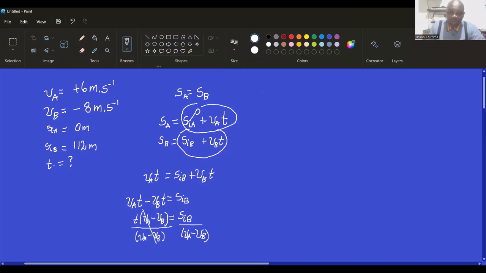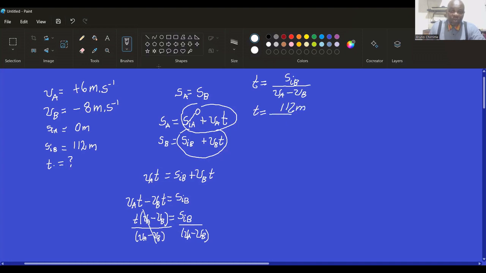So what does that give us? We plug in the values now. What is the initial position of cyclist B? We know that's 120 meters. We specify units. We'll see how it helps to always include our units. It helps us to see exactly whether we're on the right path or not. So 6 meters per second minus, what is the velocity of cyclist B?